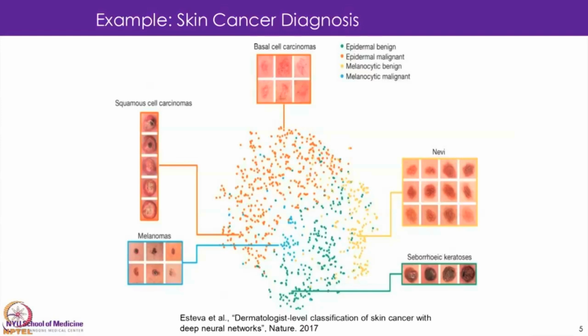They collected a lot of images, I think close to 130,000, and then built a model with that. They could show that their machine learning model worked better than at least average pathologists. And that's quite incredible.